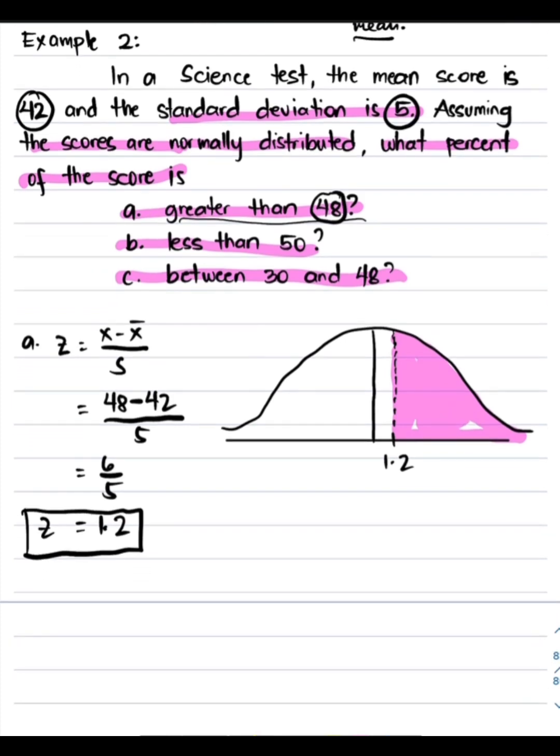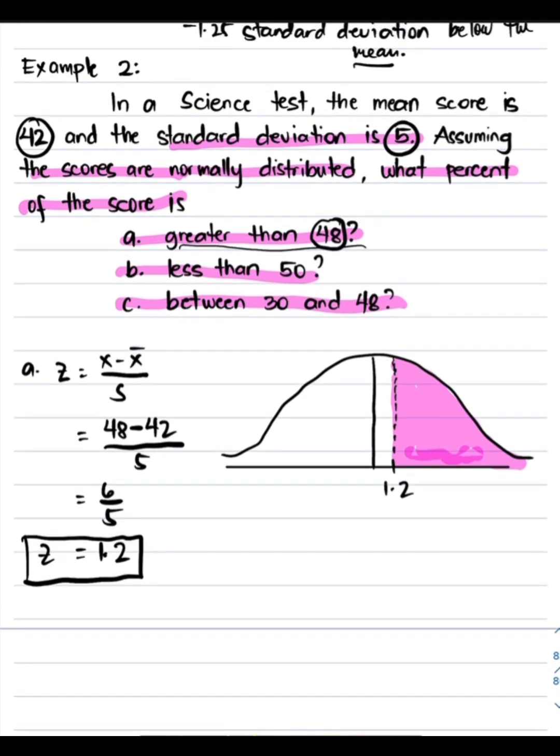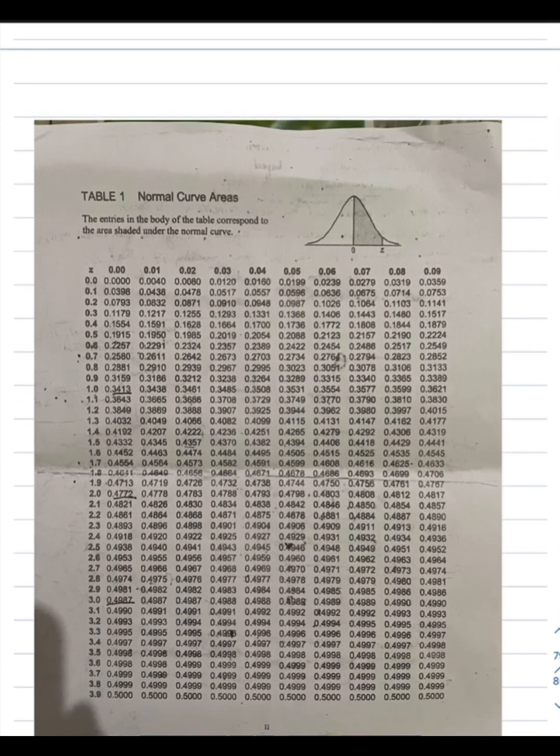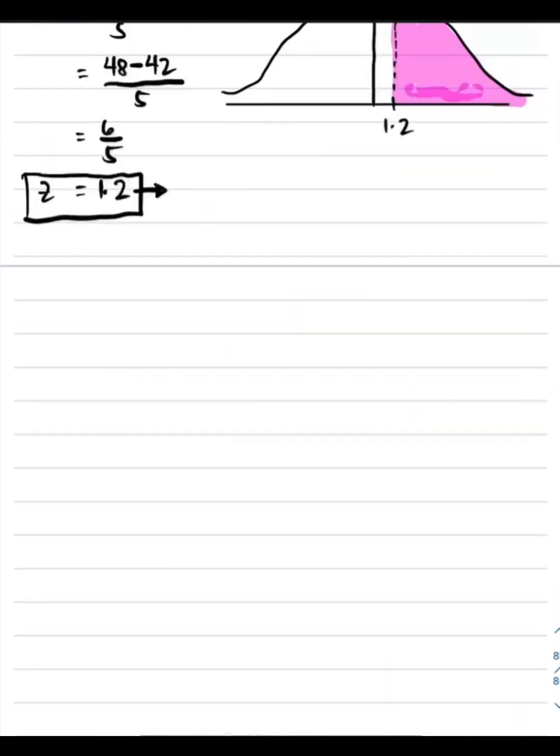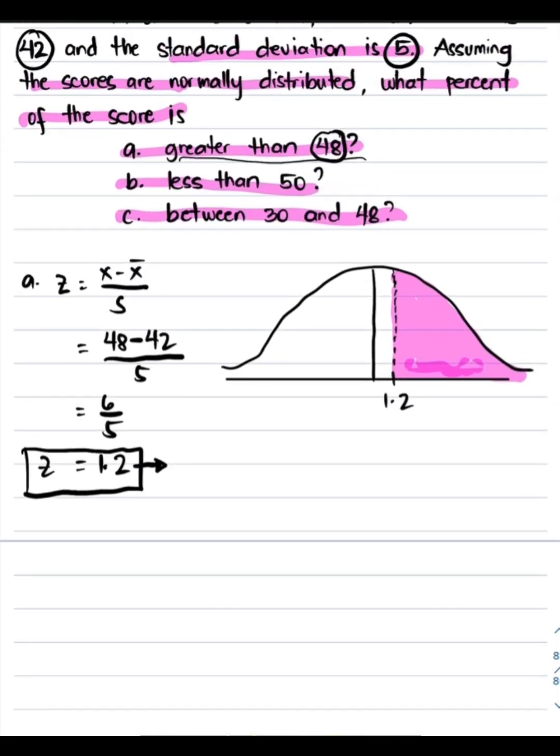So, first, we need to identify the area under the normal curve when z is 1.2. So, when z is 1.2, that is 0.3849. So, the area under the normal curve when z is 1.2 is 0.3849.